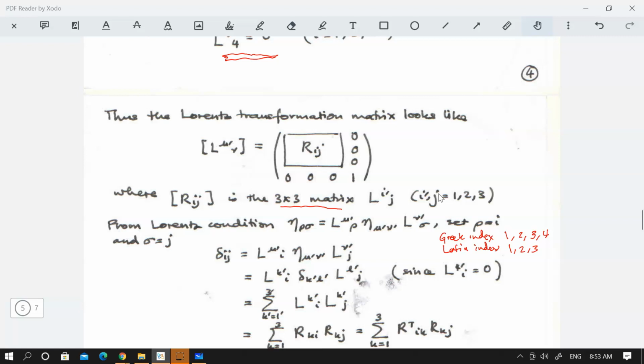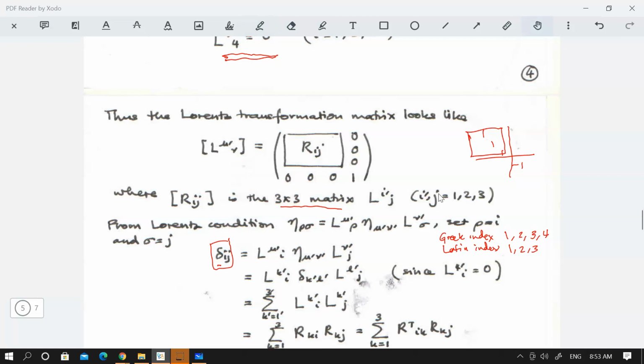The eta part is actually acting on the 1, 1, 1 part of the metric tensor, and that is essentially the identity over here. Okay, so I have that part now.